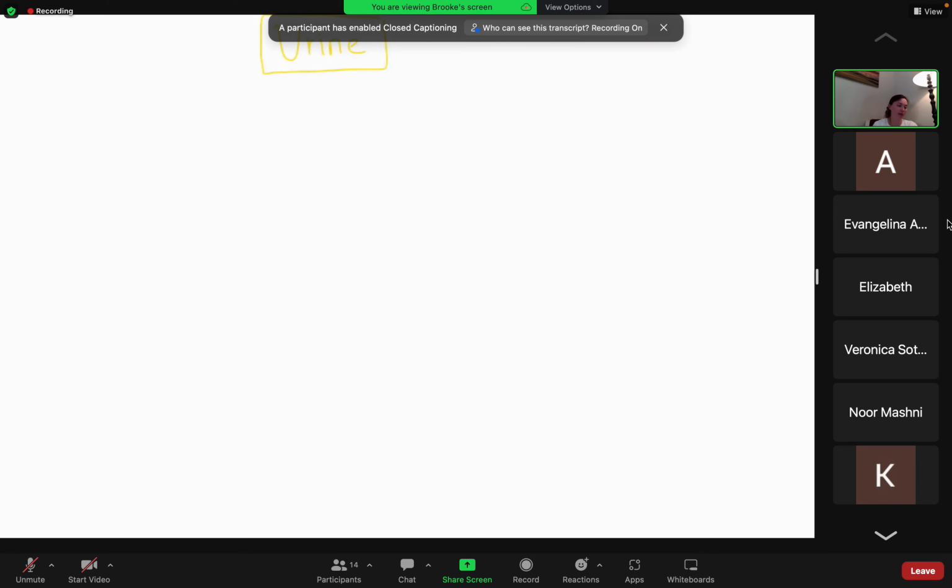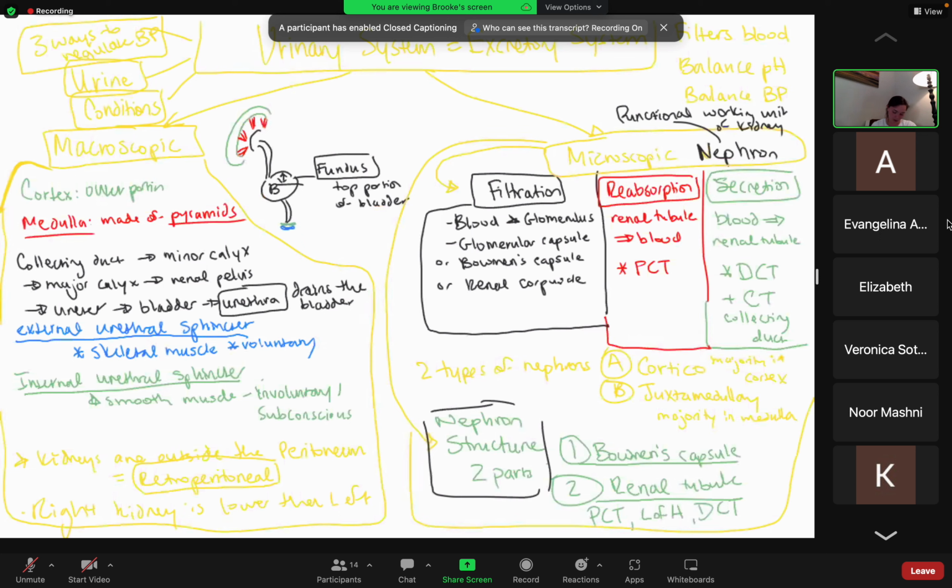So we already talked about the bladder. The bladder has the external urethral sphincter, which is skeletal, and the internal urethral sphincter, right? I don't think I need to do that again. But one more thing with the bladder: lining the bladder, you have what are called the detrusor muscles, and those help to squeeze the bladder.